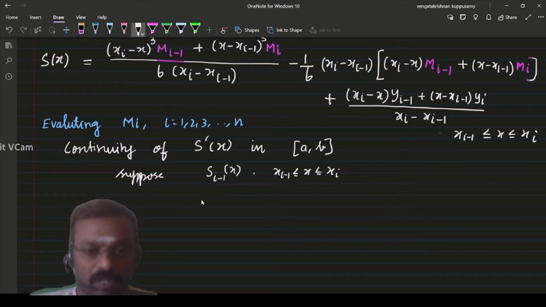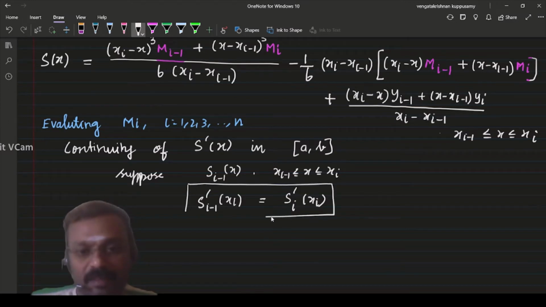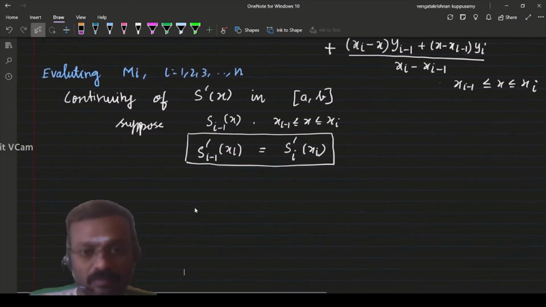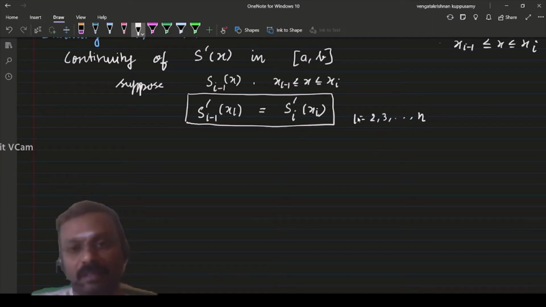Then we should have s_{i-1}'(x_i) equal to s_i'(x_i). Only then can we say s'(x) is continuous, where i varies from 2, 3, etc. up to n. So we have those n minus 2 conditions.